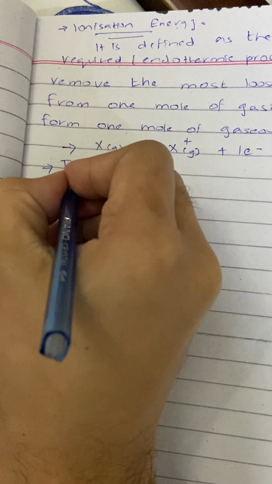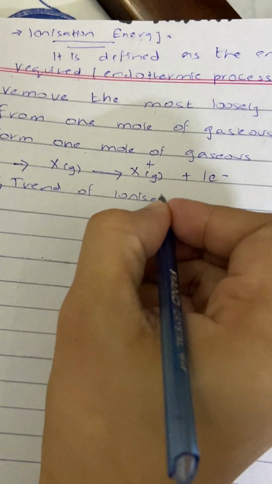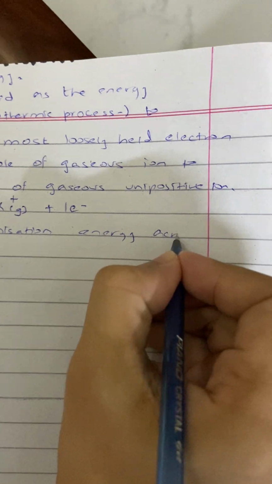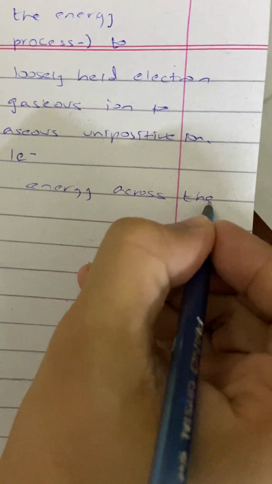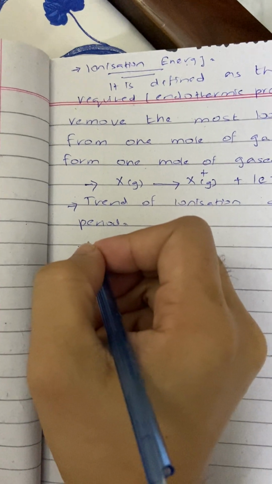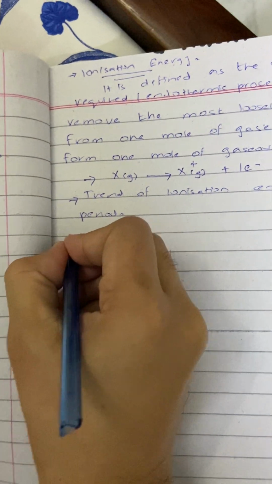Next, we'll do the trend of ionization energy across the period. We have already done trends down the group, which you can watch in the previous video.